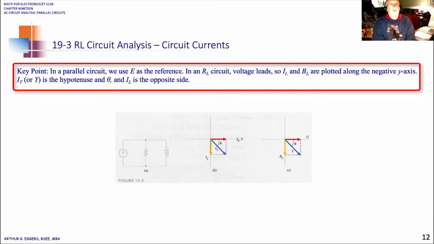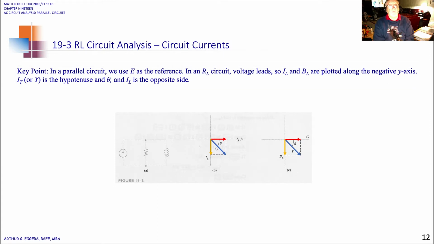In a parallel circuit, we use voltage E as the reference. In an RL circuit, the voltage leads, so the I sub L and B sub L are plotted along the negative y-axis. I sub T, or Y, the admittance, is on the hypotenuse, and theta and I sub L are on opposite sides.